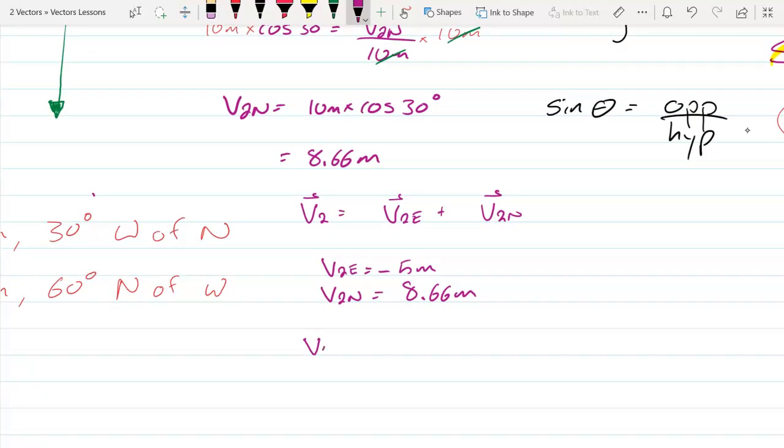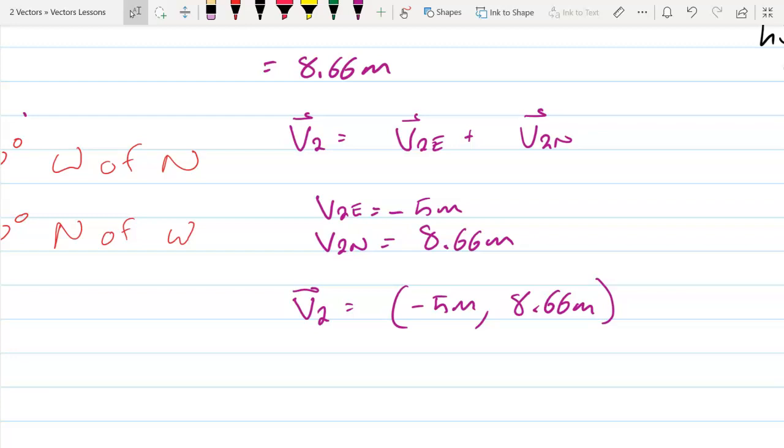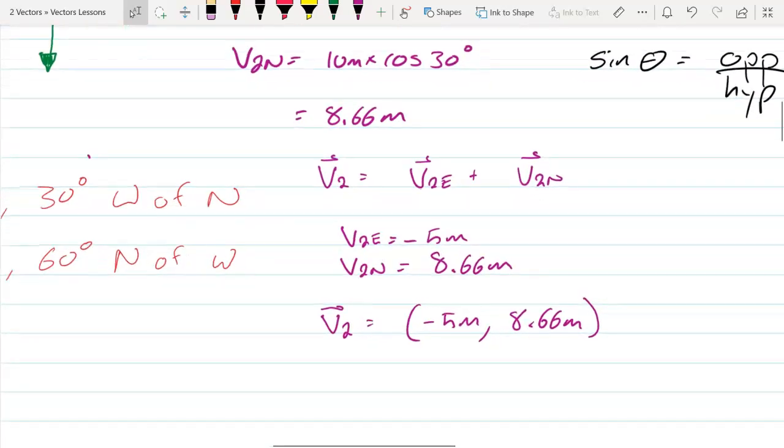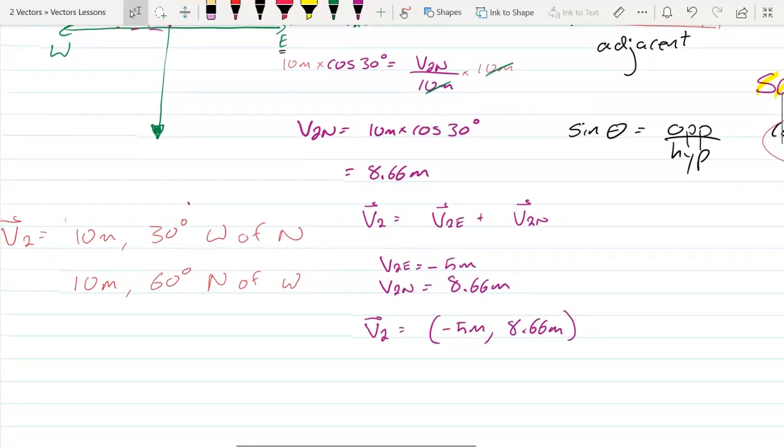Sometimes you'll see the vector written like this: v2 bracket negative 5 meters comma 8.66 meters. And you may be used to graphing points on the Cartesian plane. This is the coordinates of the head of vector v2.